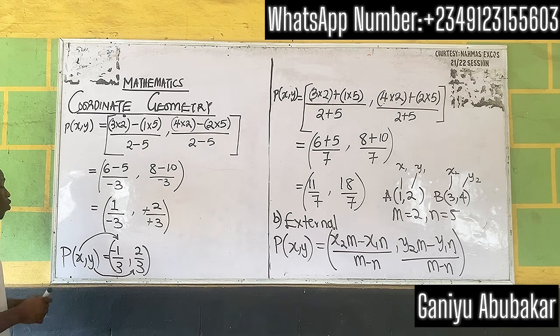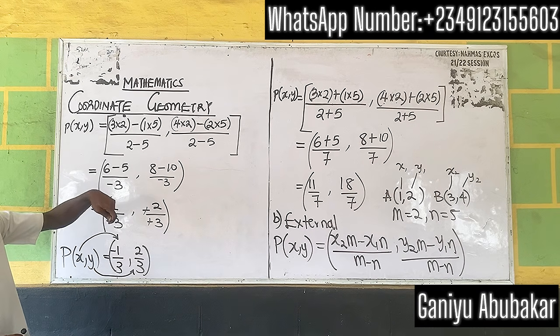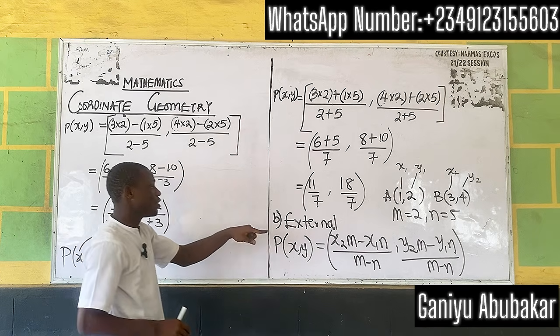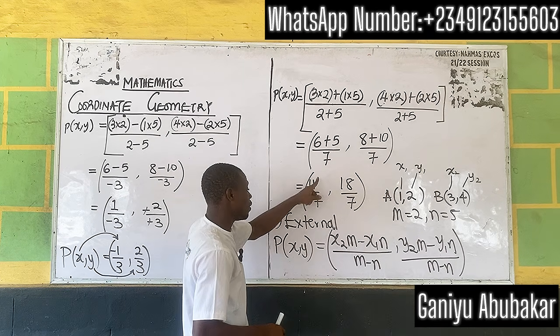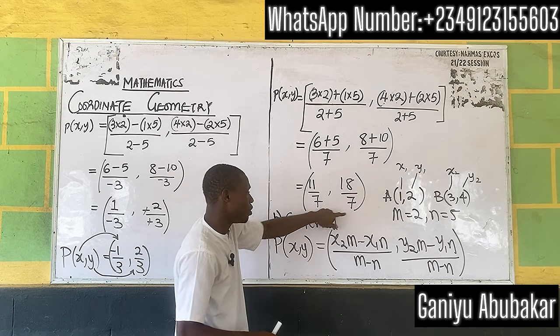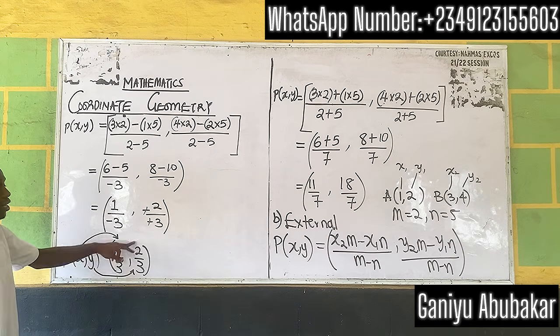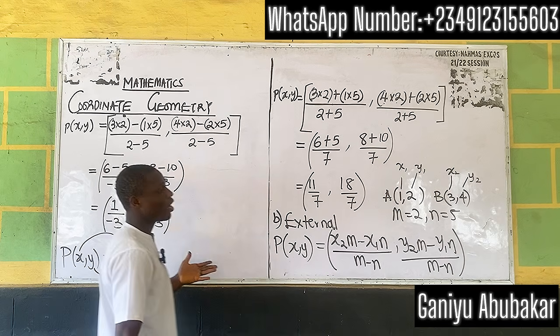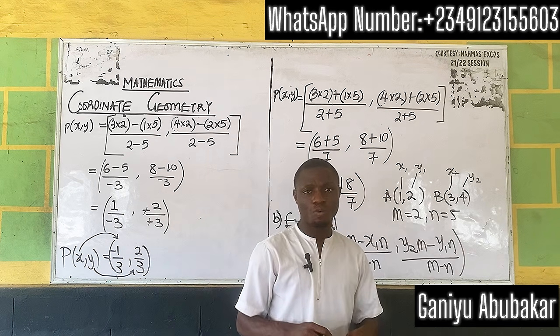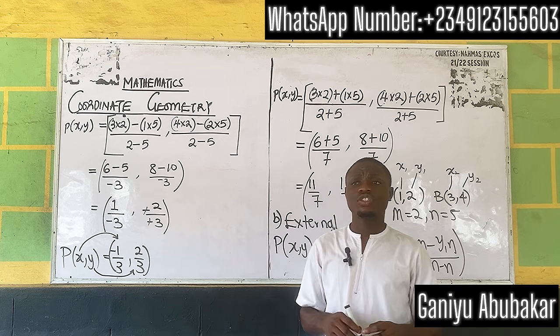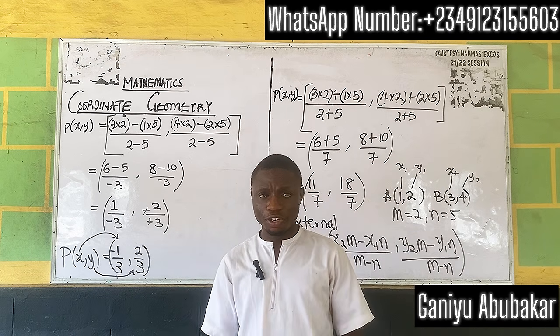So the coordinate of the point that divides the line internally is 11 over 7 comma 18 over 7. Externally it becomes negative 1 over 3 comma 2 over 3. This is how this concept works. This is how to divide a line into a given ratio.